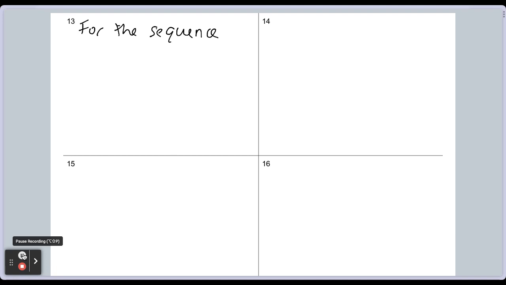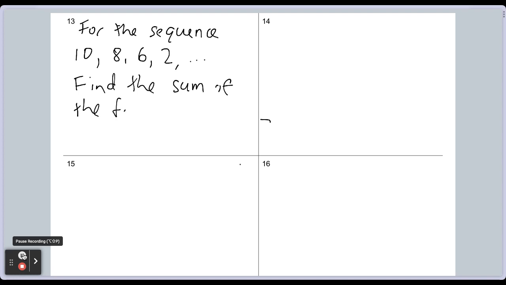For the sequence 10, 8, 6, 2, ... find the sum or series of the first 10 terms. Okay, so you're given the sequence, you're told n effectively, which is 10, and you need to find the sum.